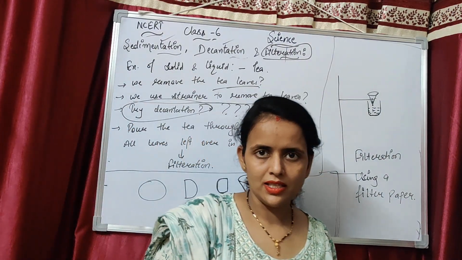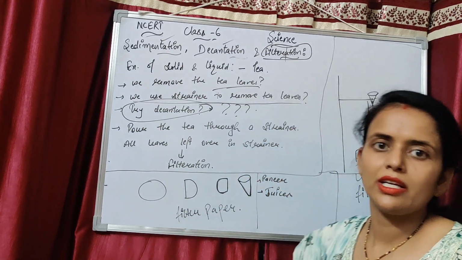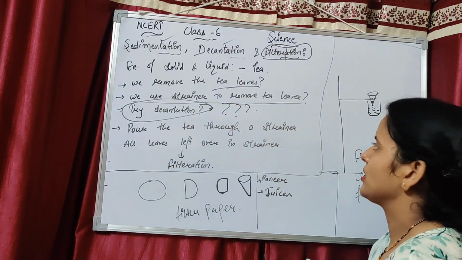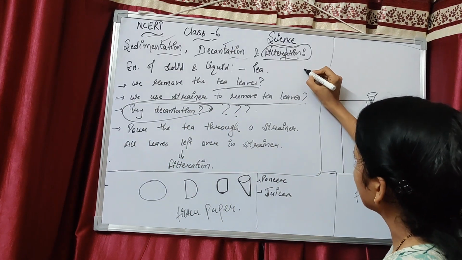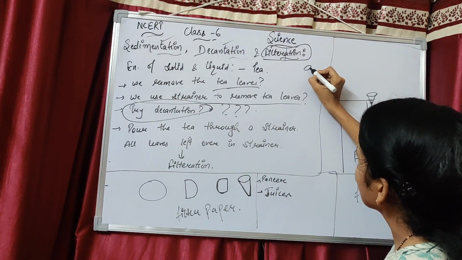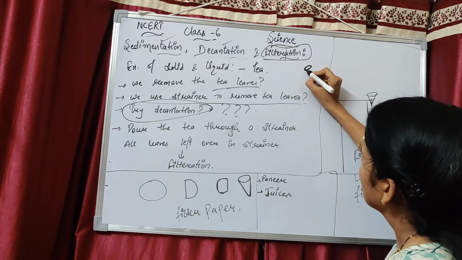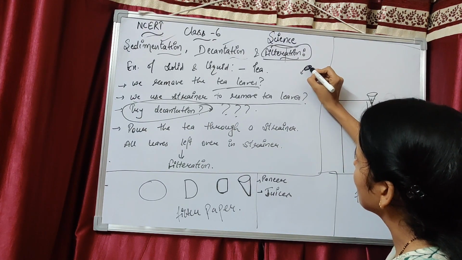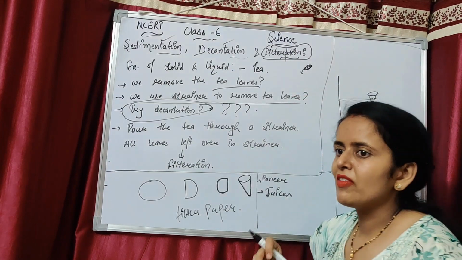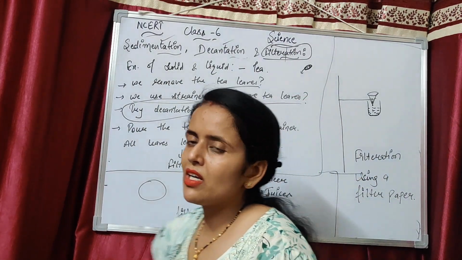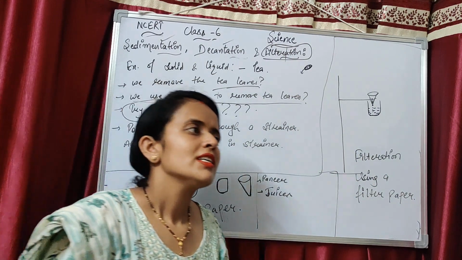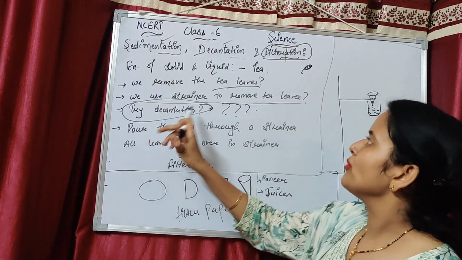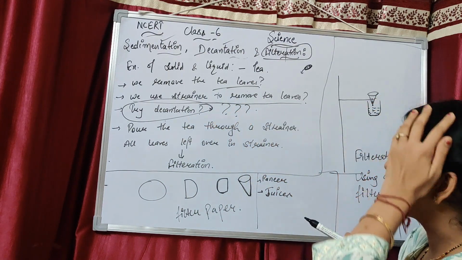In the decantation method, we remove the topmost layer of the liquid. But there are some very small pieces of tea leaves in the liquid, and they will come out with the water also. That's why we do not use the decantation method to remove the tea leaves from the tea.